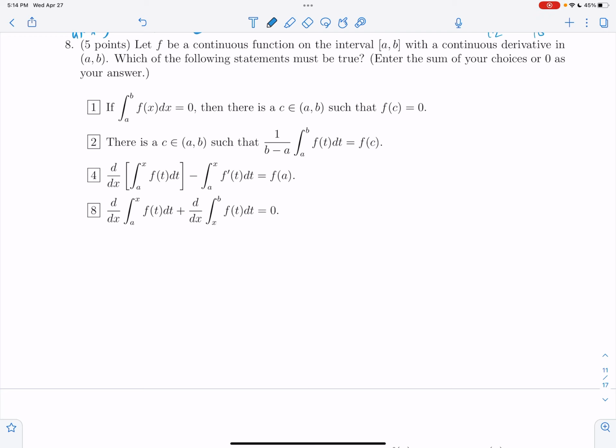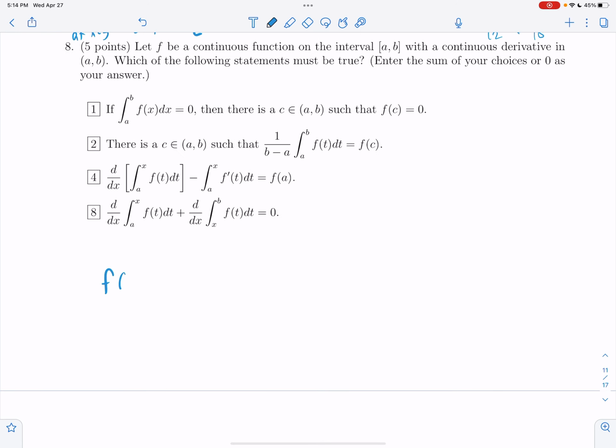Well, if you remember, what does the mean value theorem of integration say?